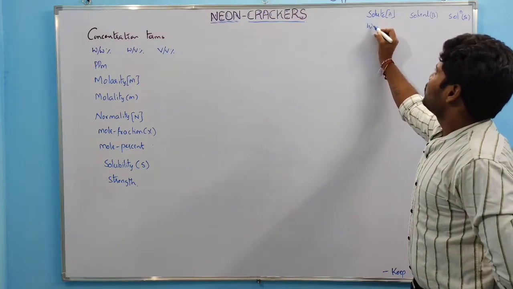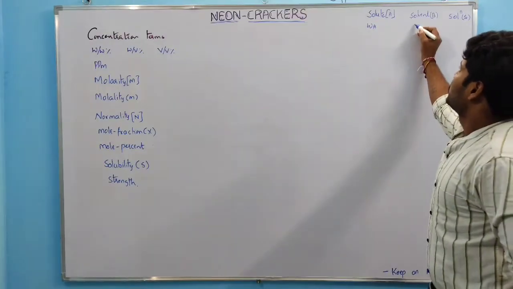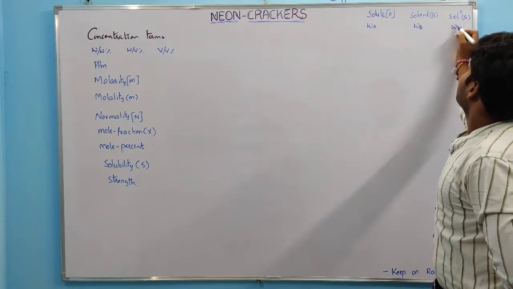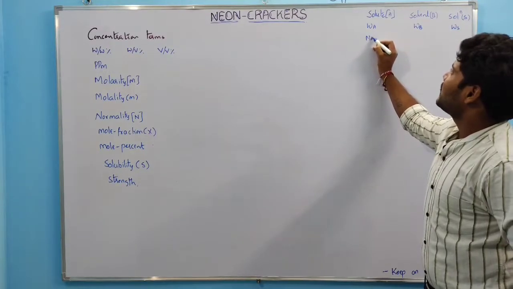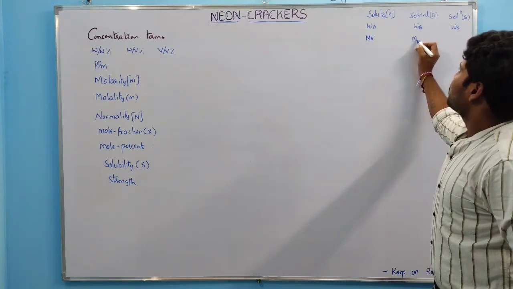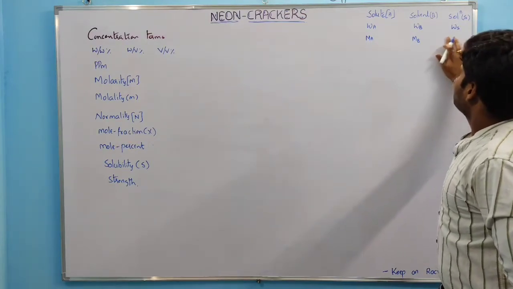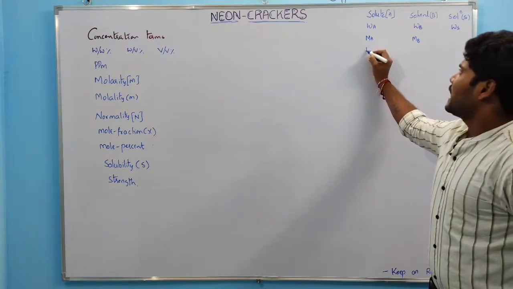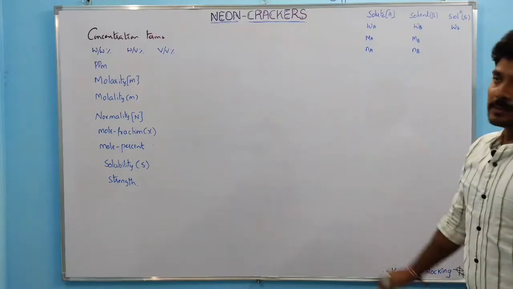WA is the given mass of solute, WB the given mass of solvent, WS the given mass of solution. Capital MA is the molar mass of solute, and MB the molar mass of solvent. There will be no molar mass of solution term. Next, nA and nB are the number of moles of A and B respectively.